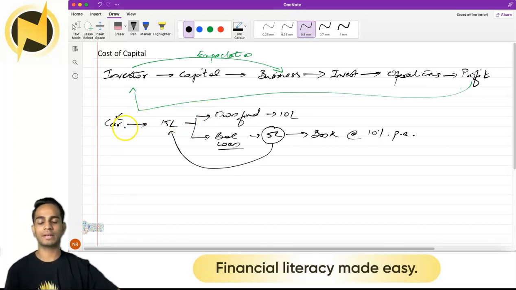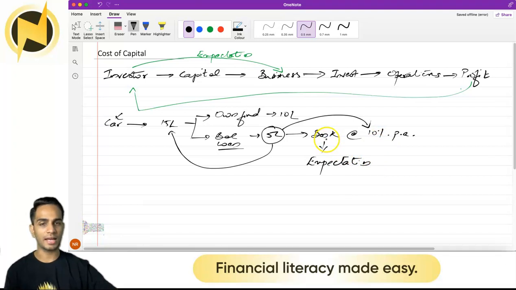Now, what is the expectation of the bank? The bank, they have an expectation for sure. What is the expectation that they have? The expectation is, for this 5 lakh, you will give them 10% per annum as interest. Yes, correct. So the expectation that the bank has is a cost you have to bear.